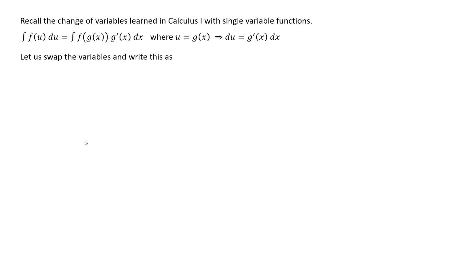Now, if we go ahead and swap the variables, there's a reason why I'm doing this, because I want to be able to relate this to what happens if we have f of x. I'll tell you in a second. Okay, so the integral of f of x dx, then we can do something like this.